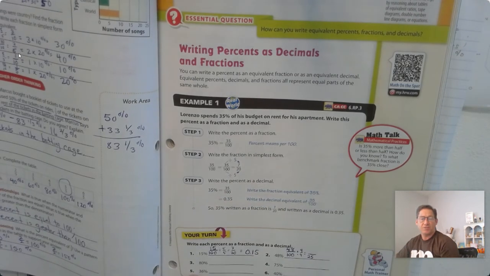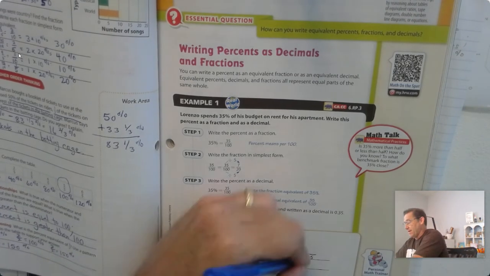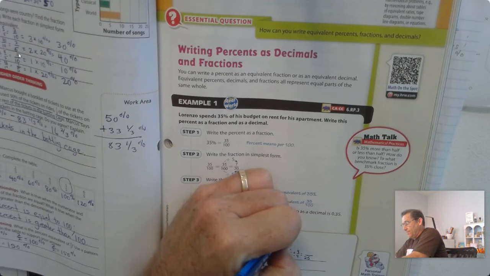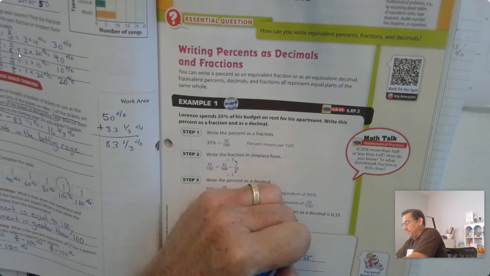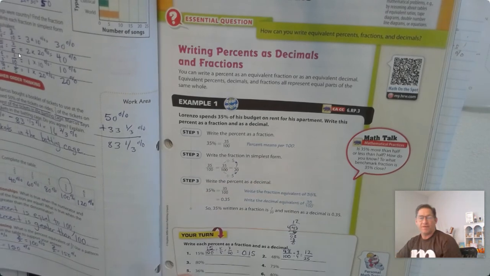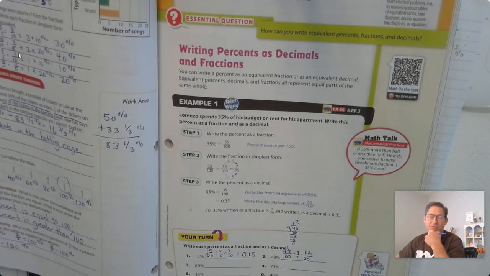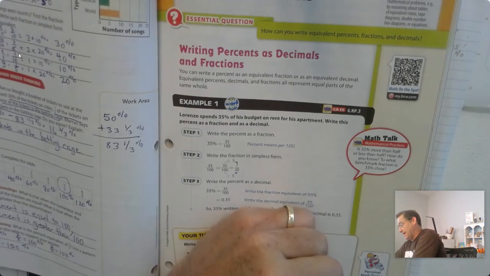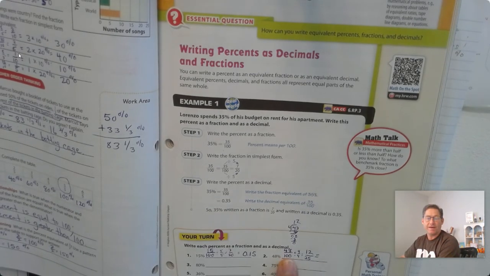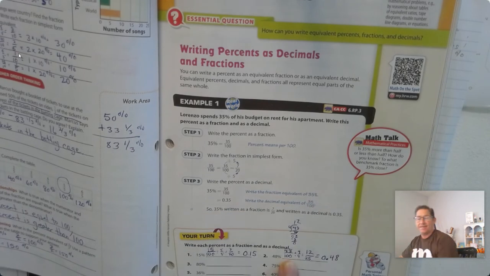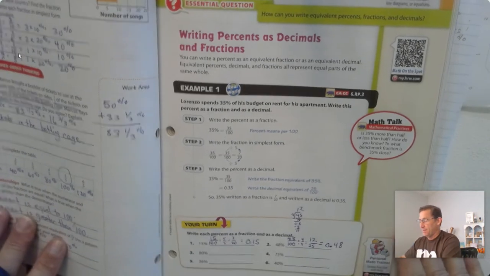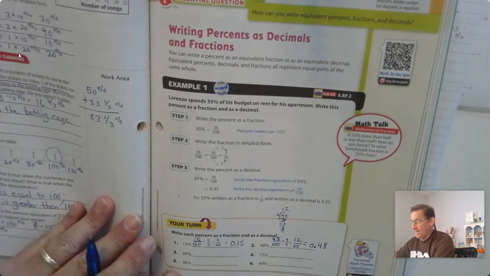So if I divide 100 by 4, I get 25. If I divide 48 by 4, I get 12. So 12/25ths is the same as 48%. And as a decimal, 48 hundredths is written as 0.48.